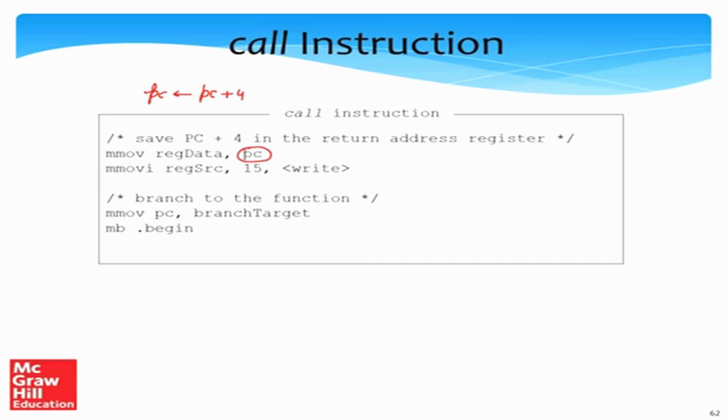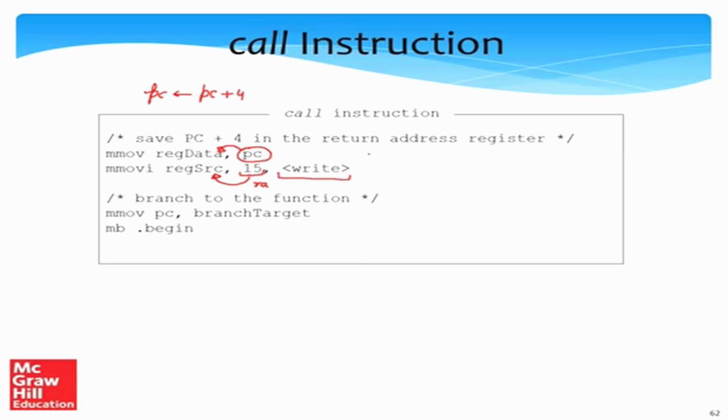We can directly write it to the return address register. So we transfer the contents to the reg data micro register. This is what is supposed to be written to the register file. Then we transfer 15 to reg source. Why 15? Because 15 is the ID of the return address register. And simultaneously, we send the write command on the shared bus.